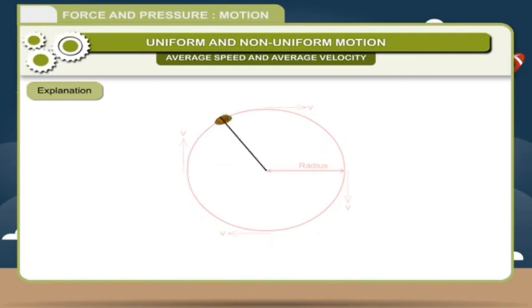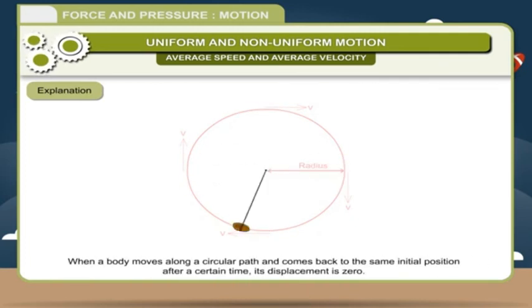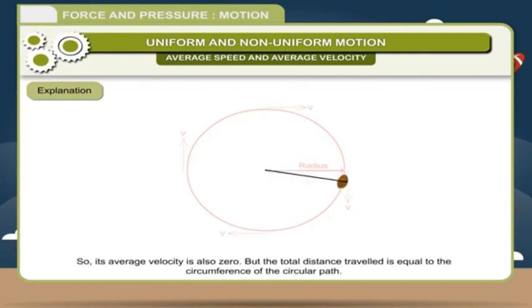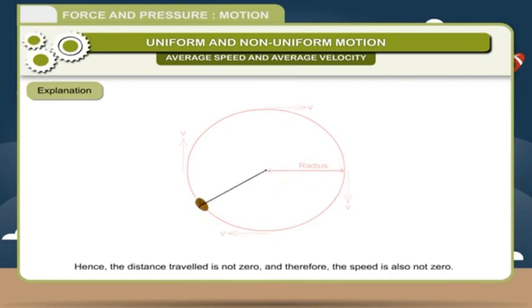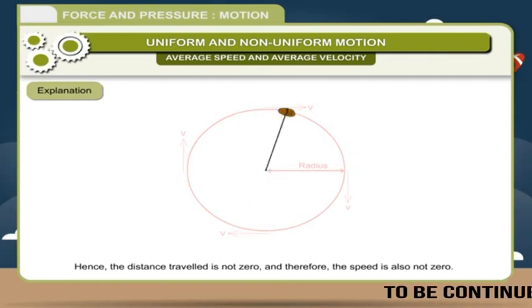When a body moves along a circular path and comes back to the same initial position after a certain time, its displacement is zero. So, its average velocity is also zero. But the total distance traveled is equal to the circumference of the circular path. Hence, the distance traveled is not zero, and therefore the speed is also not zero.